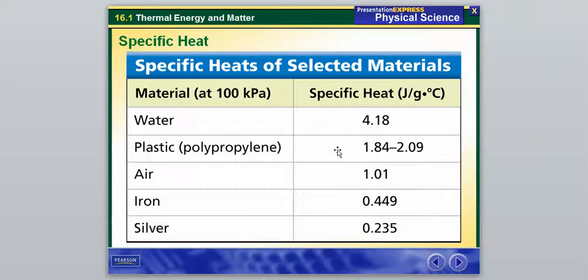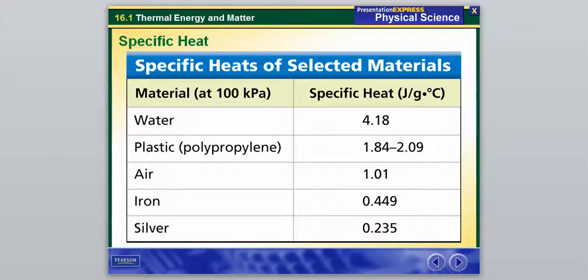Water resists too big a change in temperature too soon. Eventually water will heat up and cool down if exposed to the same temperature over a long period, but in general water has a very high specific heat, so it is less subject to change compared to iron and silver, which change temperature much more quickly.